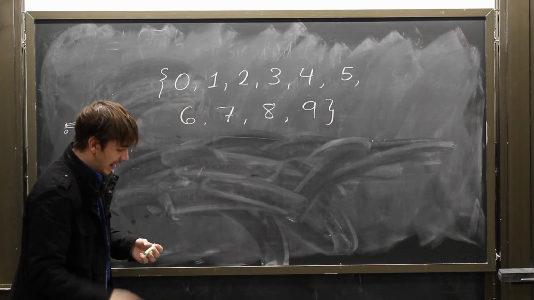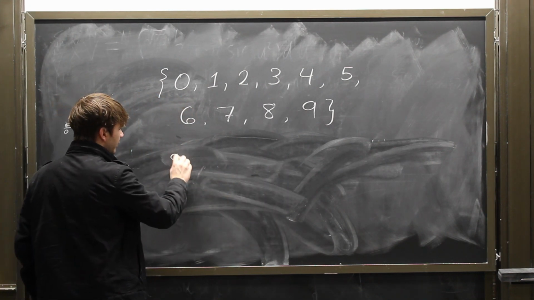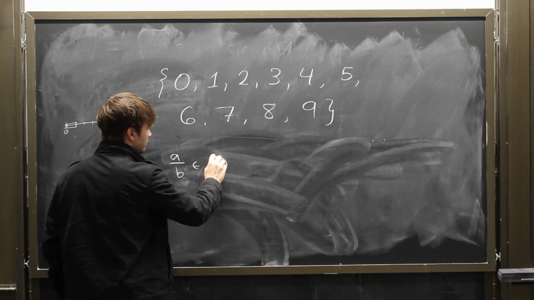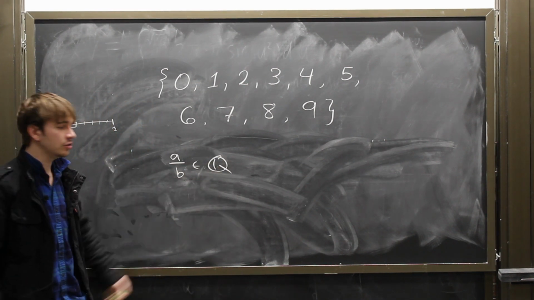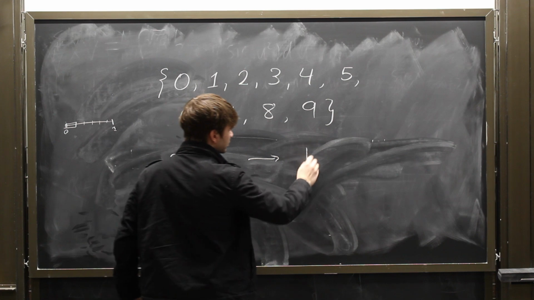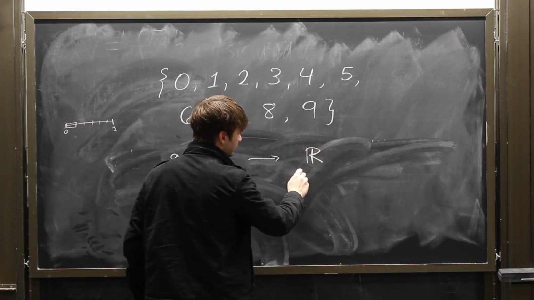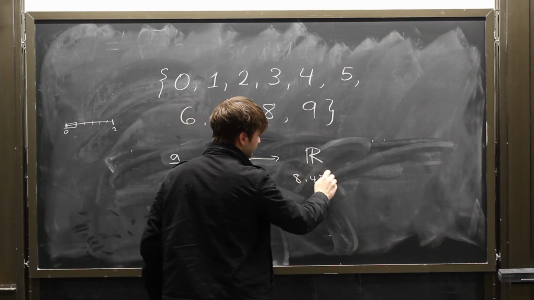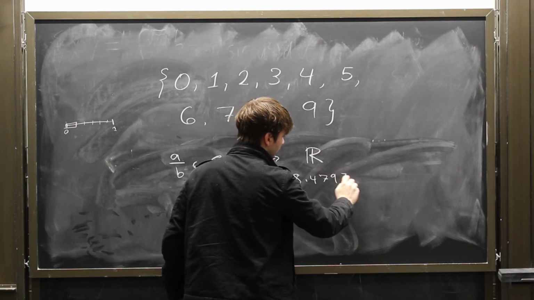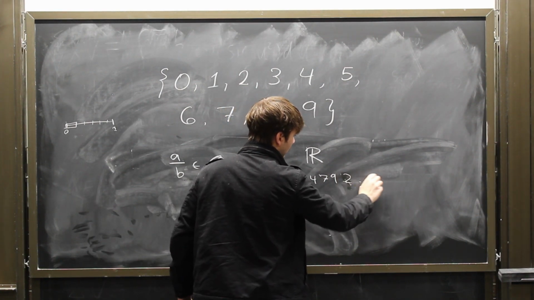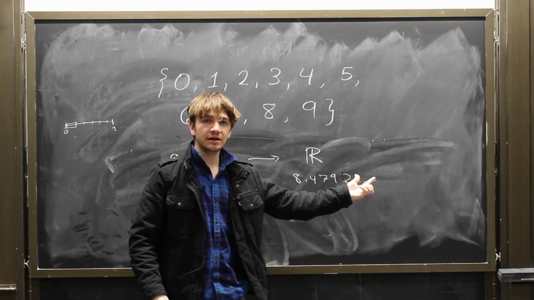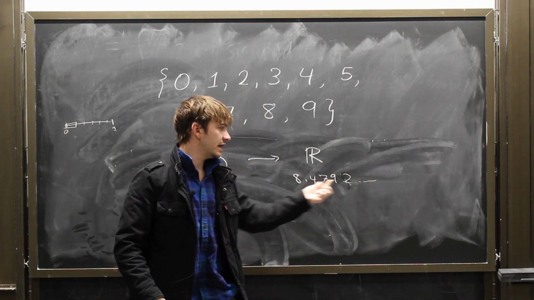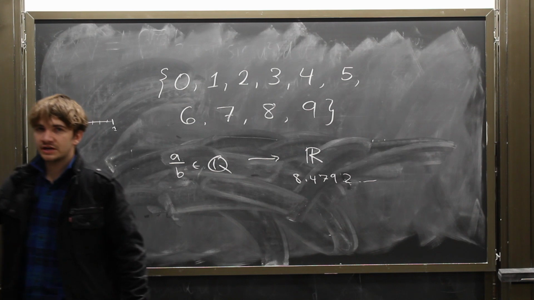So the goal is to pass from a notion of fractions, which we call rational numbers belonging to the set Q, to the notion of real numbers, which is somehow the notion of any number that can be written as essentially an infinite decimal expansion.